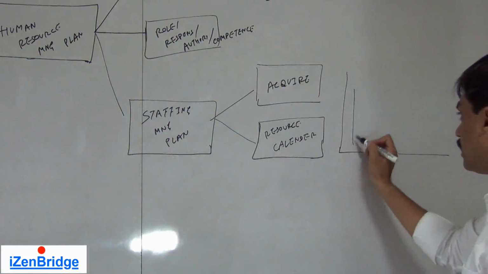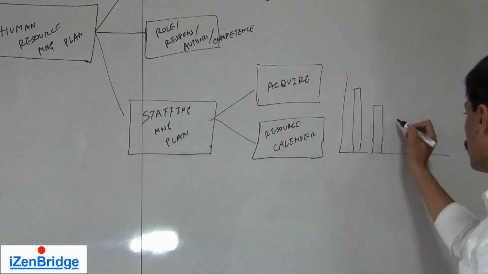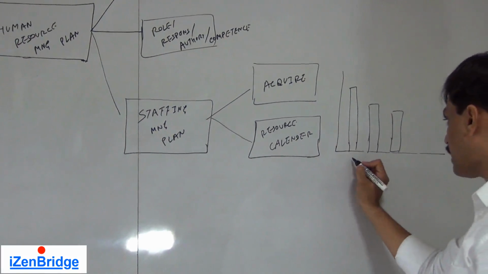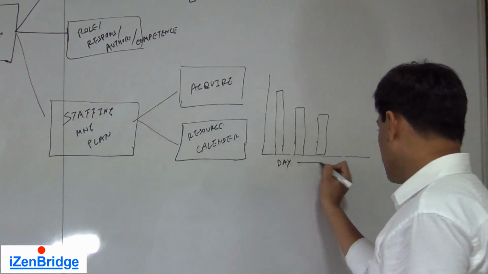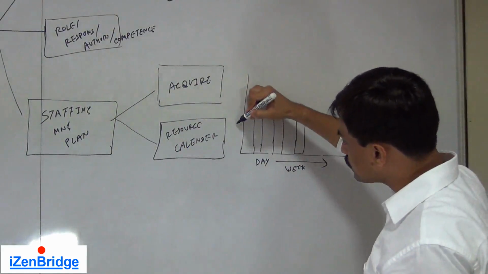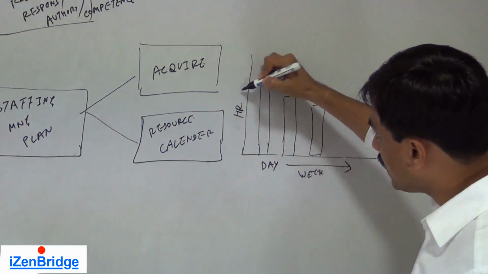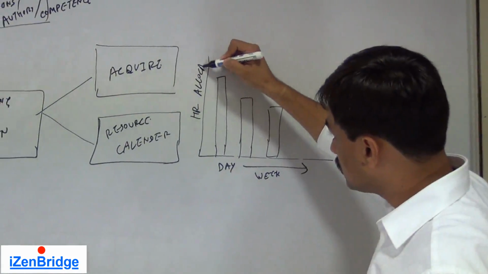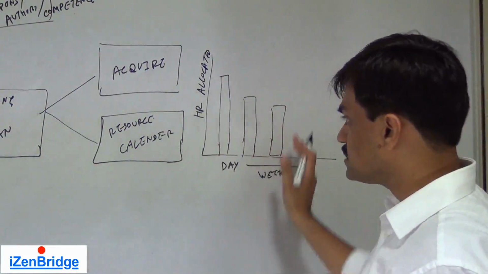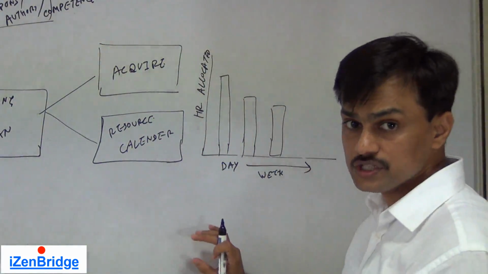Usually we use a graph like a histogram, also called a resource histogram, to identify, against time, a day or a week, how an individual resource is allocated, so how many hours he is allocated. This helps us in identifying the overall utilization of these acquired resources.